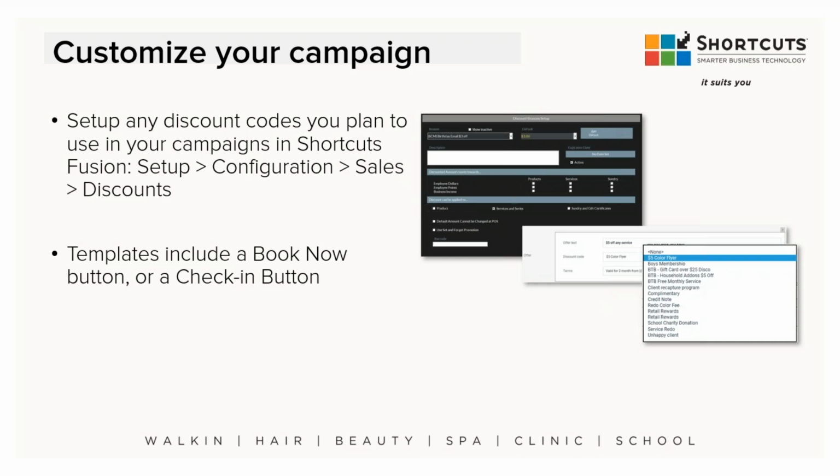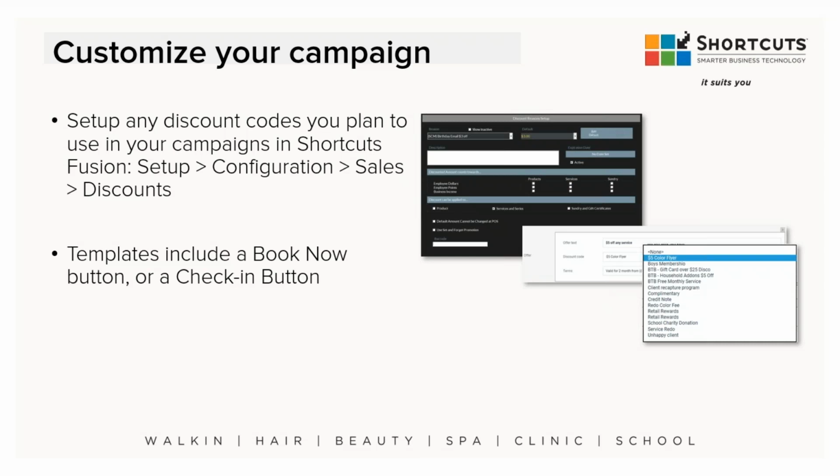So our templates usually have a default message that says $20 off a service. Of course, you can change the offer text. You can say it's $5 off for your birthday or $5 off a color, whatever the promotion is, and then use the pull-down menu to attach it to Shortcuts point of sale.